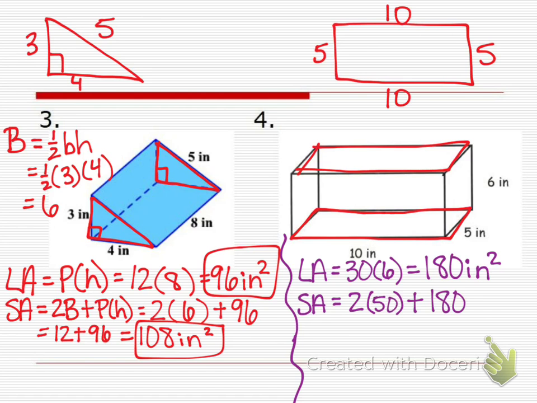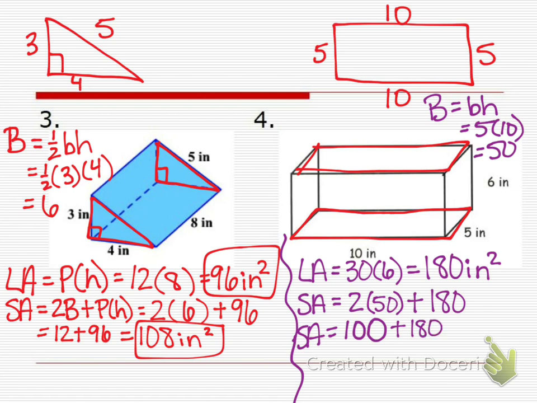So that's how we get our capital B. If you need to write it out, that's fine. Base times height, 5 times 10. That's how we got the 50 that went in for capital B. 2 times 50? Surface area. 2 times 50 is just 100, right? Okay, and then we add the 180. What do we get? 280. My units? Inches squared.